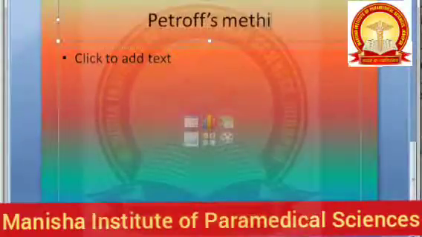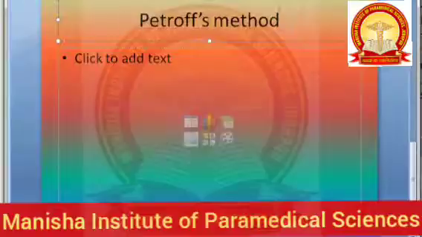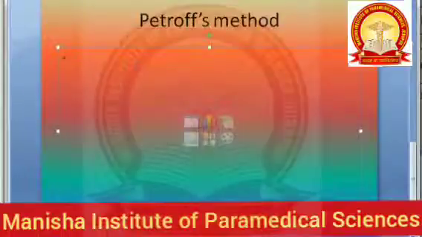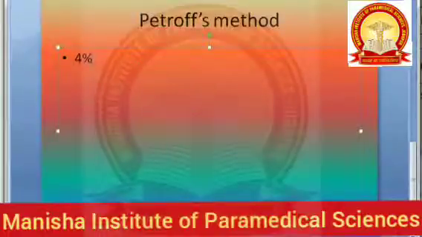Petrov's method. Now Petrov's method of digestion, decontamination and concentration is also called the 4% NaOH method. Here what you will do: sputum is thoroughly mixed with equal volumes of 4% sodium hydroxide. Then you will centrifuge it.